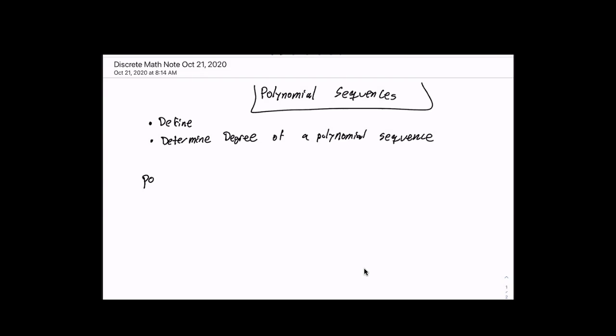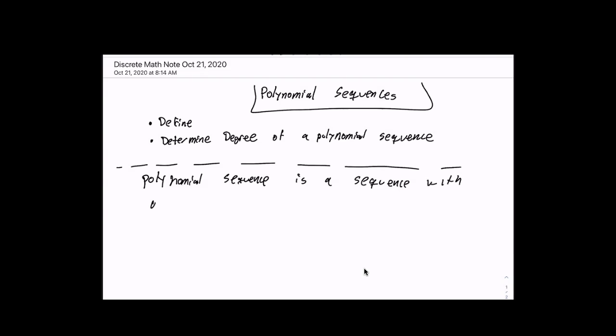A polynomial sequence is a sequence with a common difference between all terms at any order level.